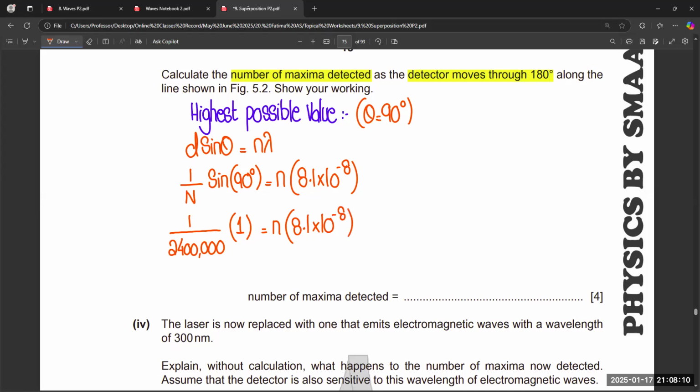So we need to divide this quantity on the other side and find out the value of n. So calculate what value of n you are getting from the calculation.